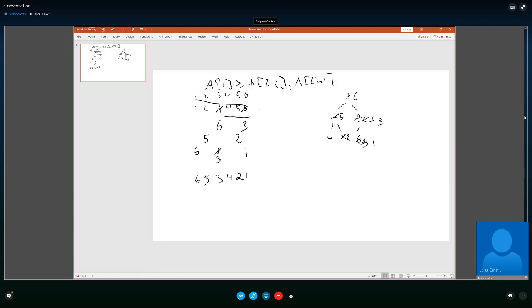And so that then gives us the heap 6, 5, 3, 4, 2, 1. That is the heap that we would obtain from the original array 1, 2, 3, 4, 5, 6. And you can obviously verify that this indeed is a heap.